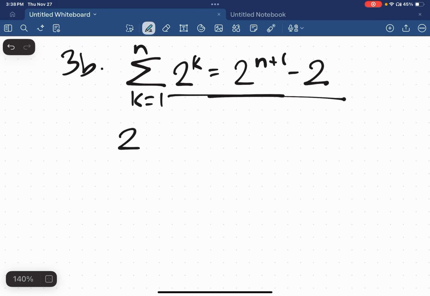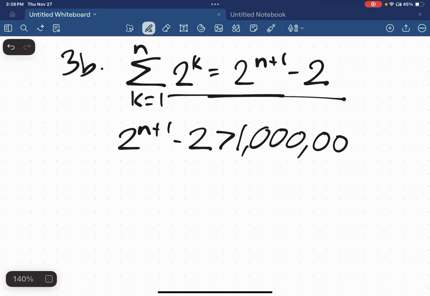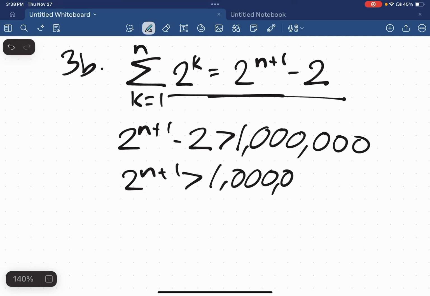All we have to do now is solve for this. So we're going to add 2 on both sides. And then with a calculator, we'd have to take the log of both sides.